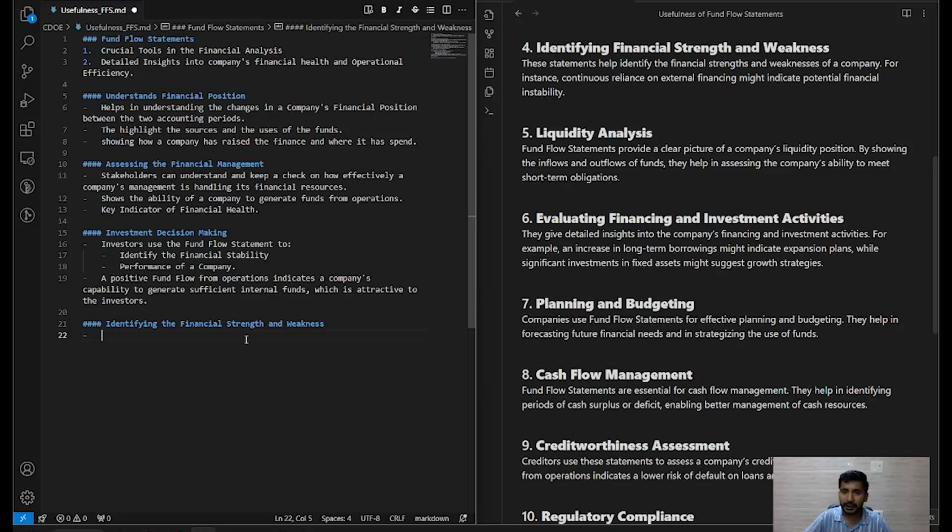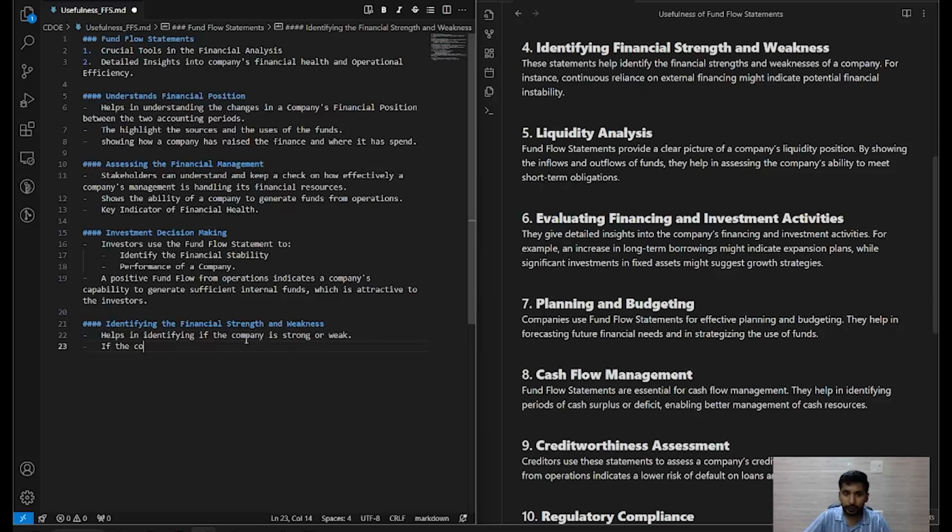For instance, continuous reliance on external finance might indicate potential financial instability. It helps in identifying if the company is strong or weak. How?